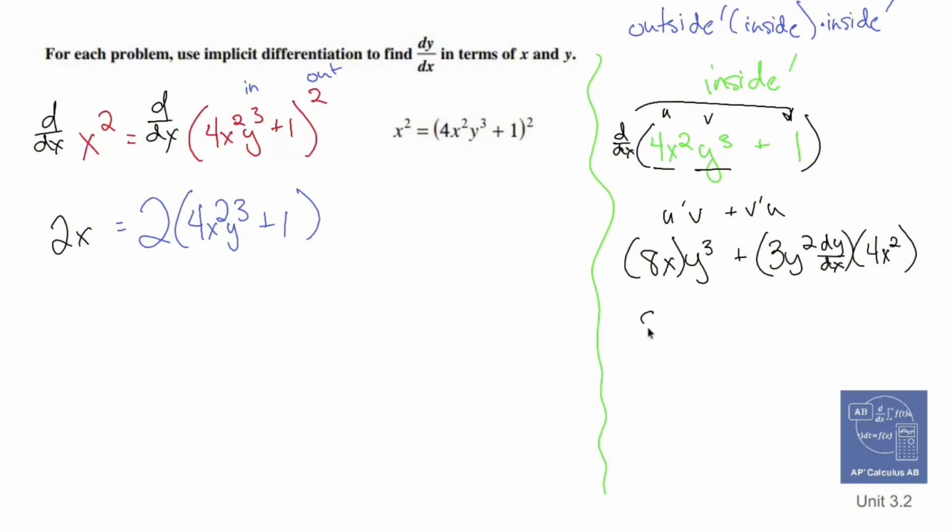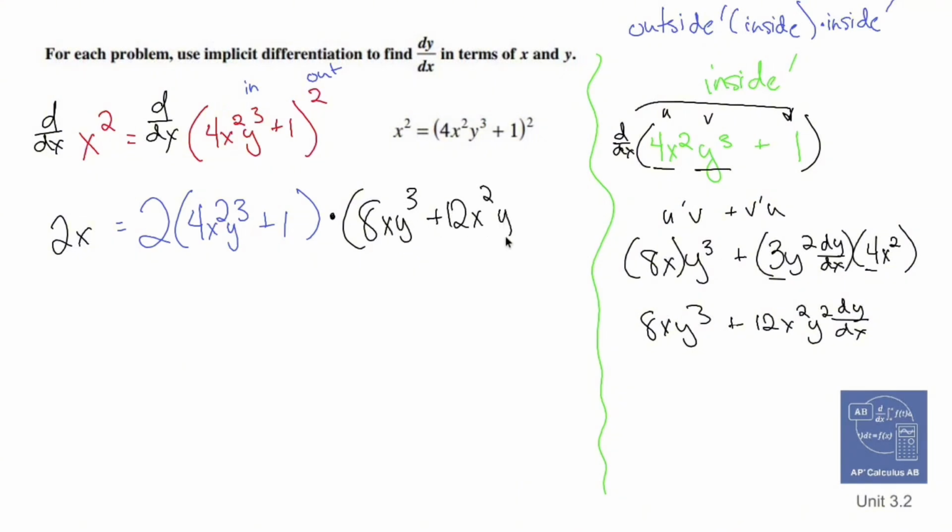We've got 8x y cubed, 3 times 4 is 12, x squared y squared dy/dx. So that's the derivative of the inside. So we're going to multiply everything by the derivative of the inside, which was 8x y cubed plus 12x squared y squared dy/dx.